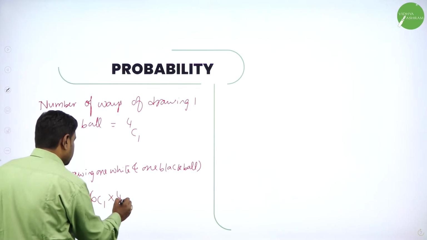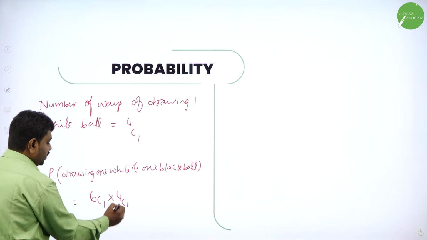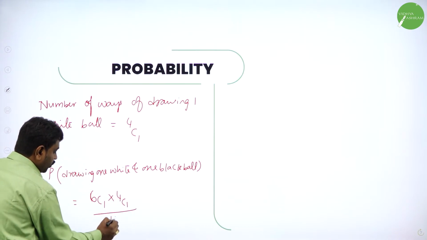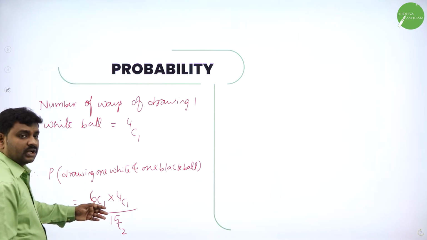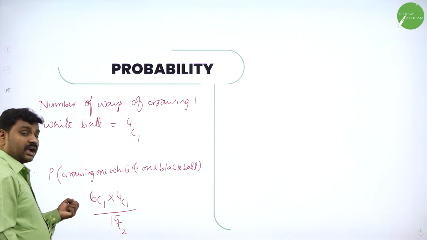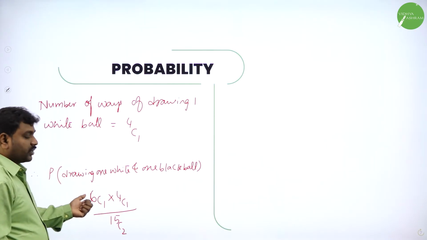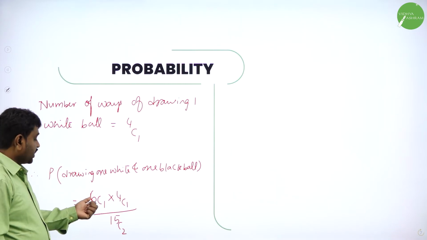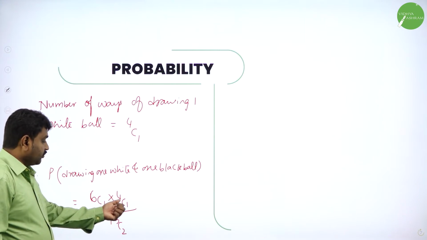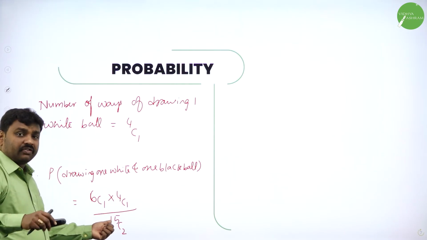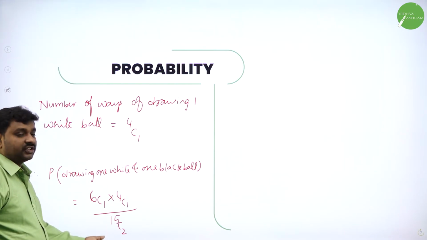Out of 4 white balls, 1 can be drawn in 4C1. 6C1 into 4C1 divided by, out of total 15 you should draw 2, 15C2. Probability means favorable by total. Favorable is getting 1 black and 1 white. So out of 6, 1 black can be drawn in 6C1 ways. Out of 4, 1 white can be drawn in 4C1 ways. And the total number of ways of drawing 2 balls is 15C2.